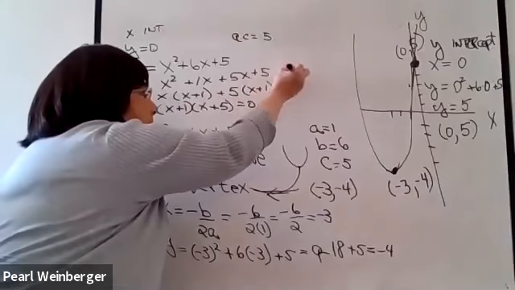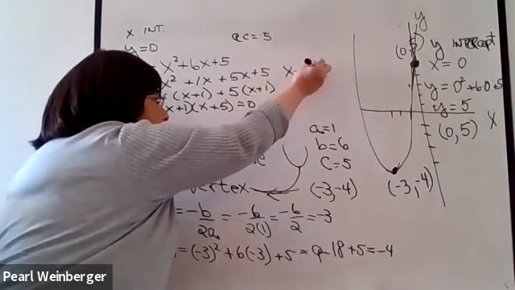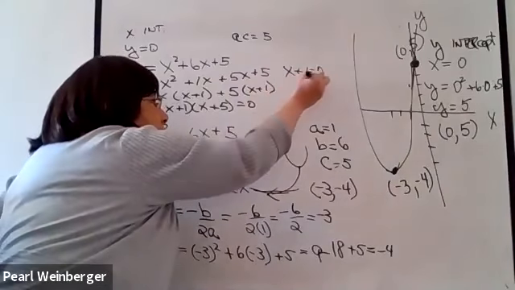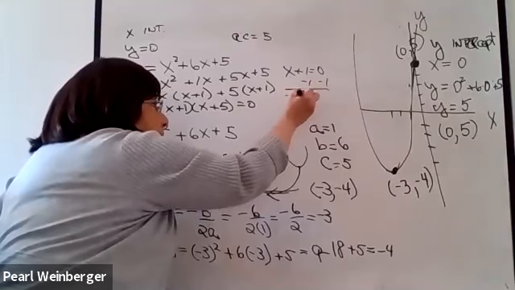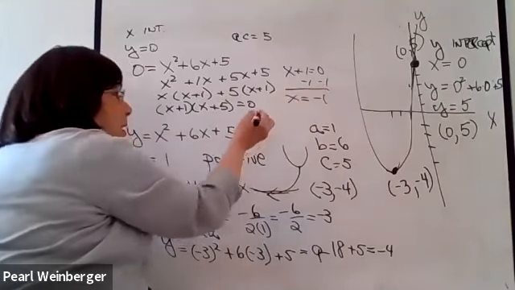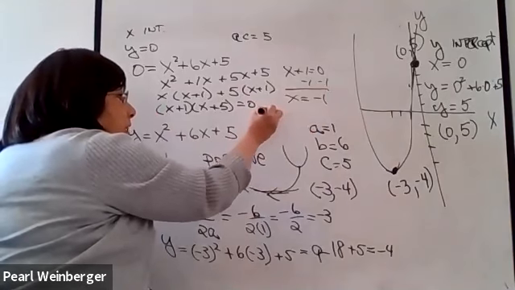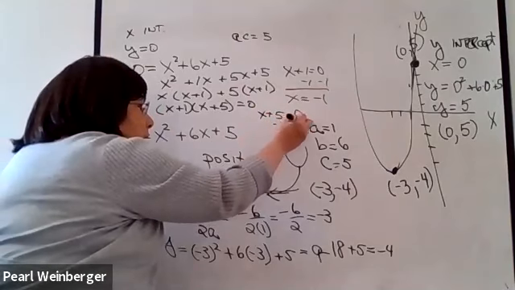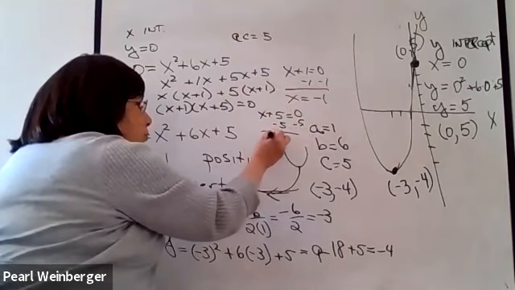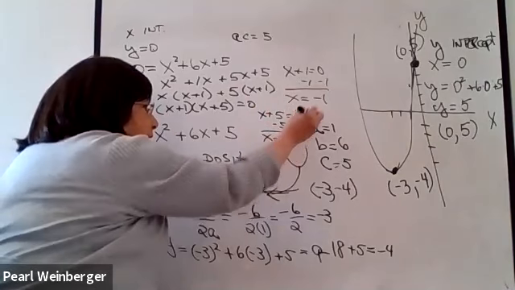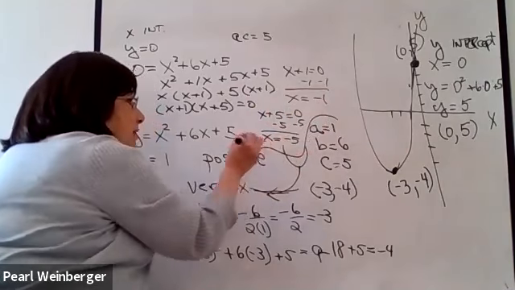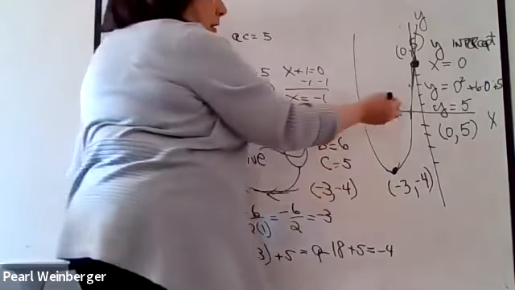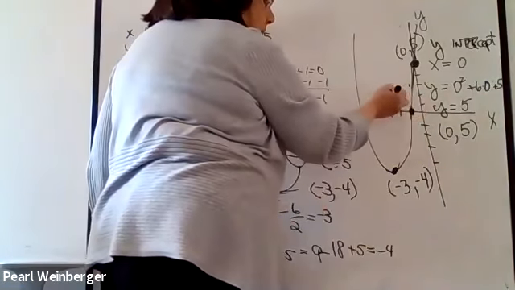So when we get x plus 1 equal to 0, bringing the 1 to the other side, we get x equal to -1. And when I do x plus 5 equal to 0, I get x equal to -5. In other words, in this case, I got two x-intercepts. And look at it. Here's -1.